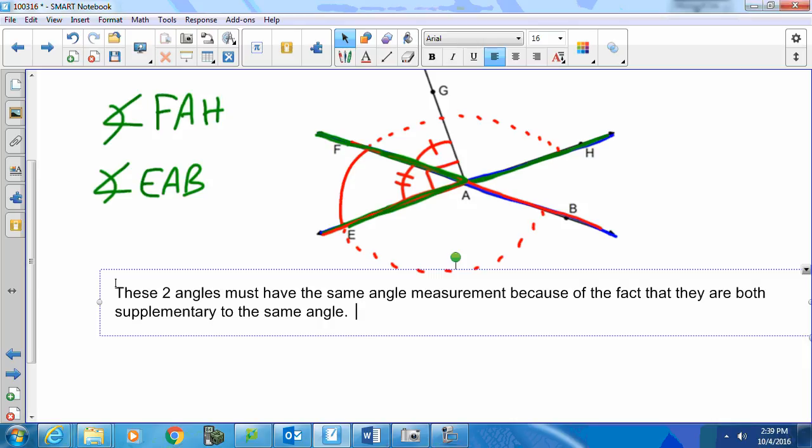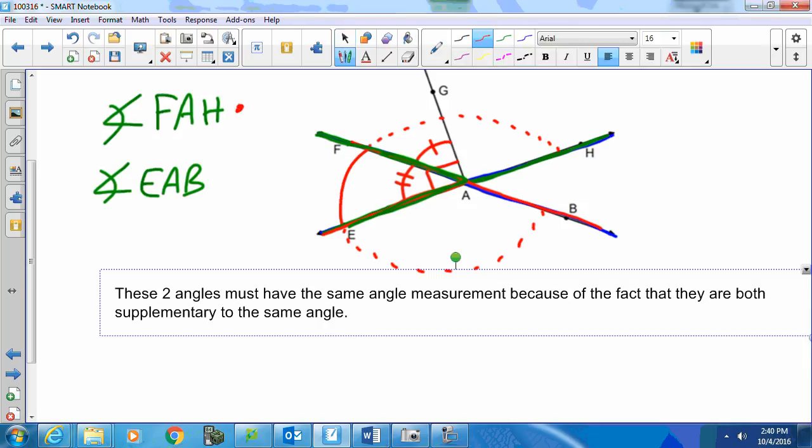They're both supplementary to EAF. So whatever EAF is, when you add FAH, you get 180, and that gives you 180, which means they have to be the same.